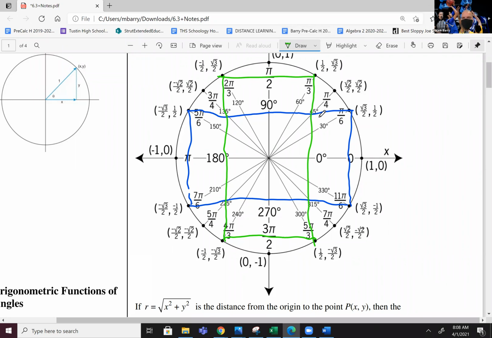We have all of the same points, so 1/2 comma rad 3 over 2 on all of them, but with different positivity or negativity based on the quadrant. And we see that all of the denominators on all the radians are 3. We got 1 pi over 3, 2 pi over 3, 4 pi over 3, 5 pi over 3. You can see the one that's kind of missing is 3 pi over 3, but actually 3 pi over 3 is just pi, right? So that actually is there. So that's cool as well.